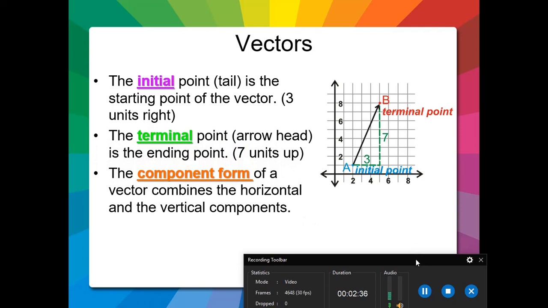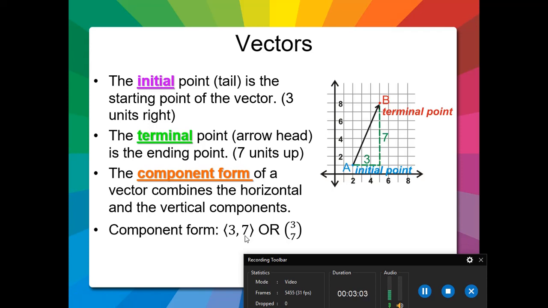If we write the translation in component form, what we're doing is putting together both the horizontal movement and the vertical movement, just like we would in other translation type notation. So there's 2 ways to write it for a vector. The first value is the movement along the x-axis, and the second value is your movement along the y-axis.